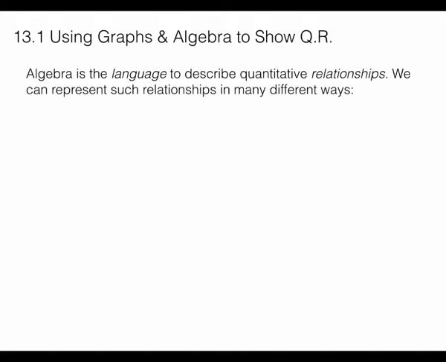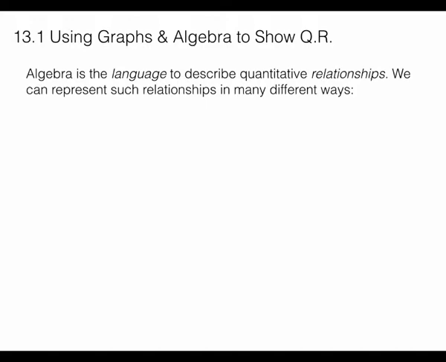Does this question make sense? No. So my question is, what are the different ways that we've represented relationships between quantities so far? What are the ways that you've seen information presented in this class?